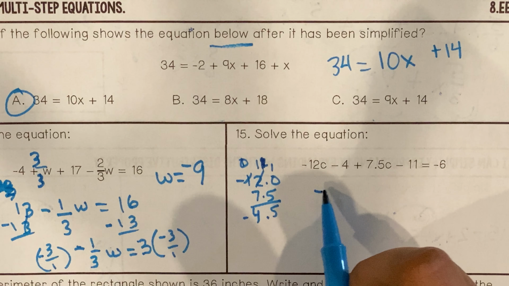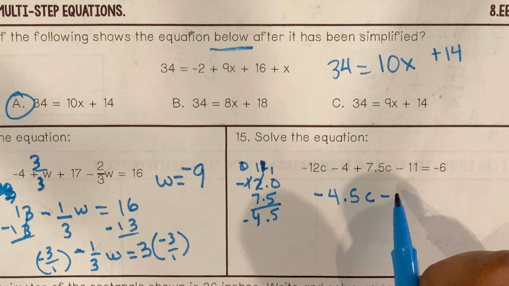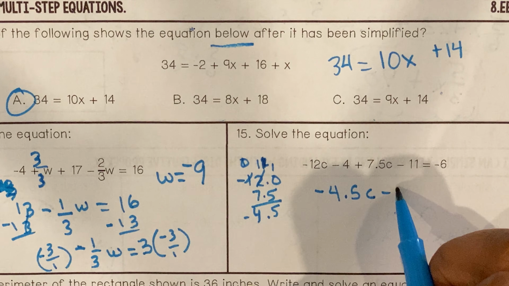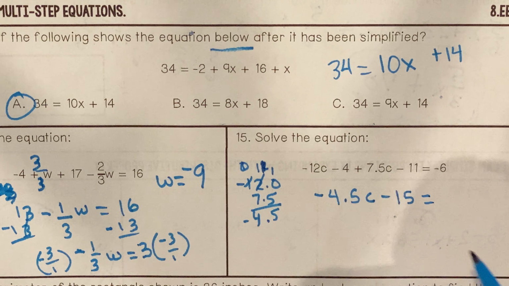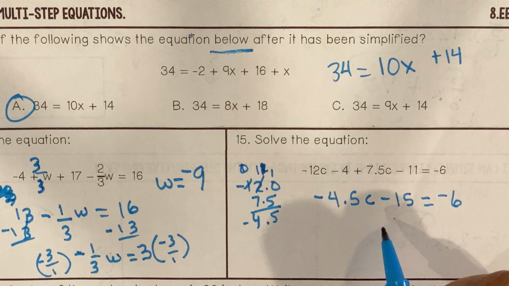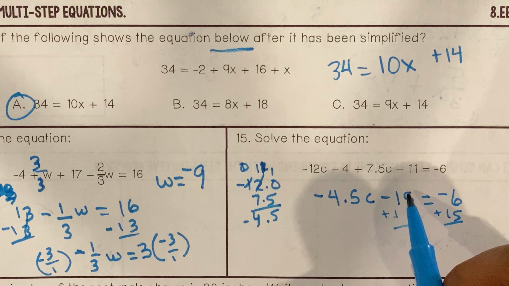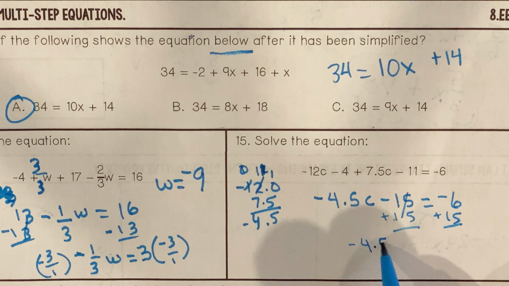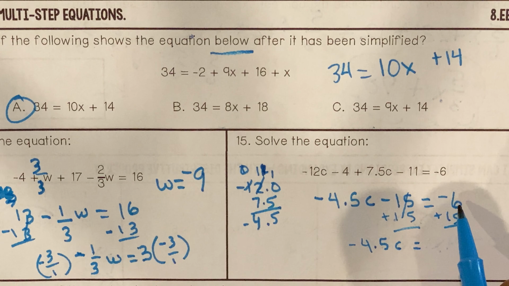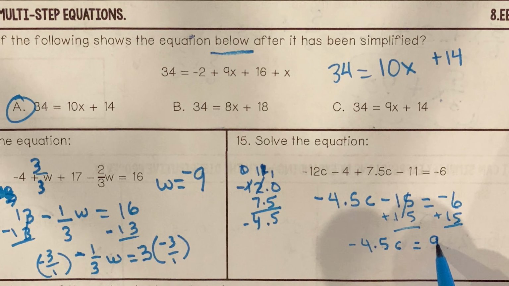Okay, so I have negative 4 and 5/10 C minus, we have a negative 4 and a negative 11. Same sign, add. Now I have a two-step equation I can work with. Add 15 to both sides. Negative 4 and 5/10 C equals, you have negative 6 plus 15 should give you a 9.